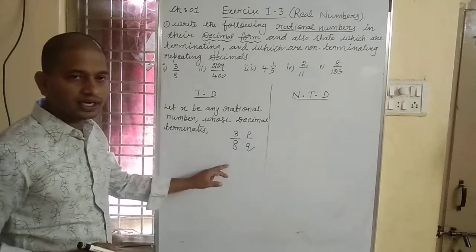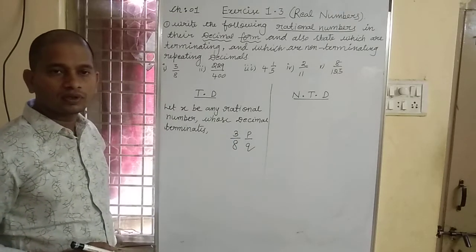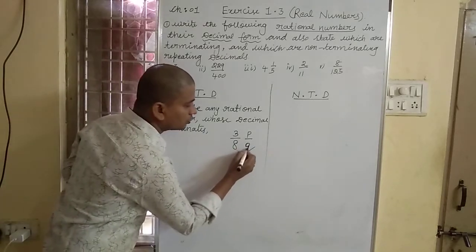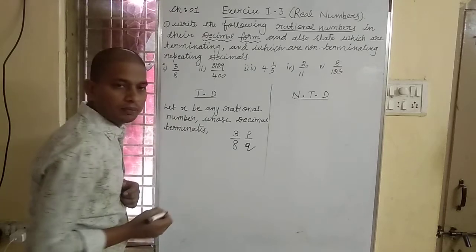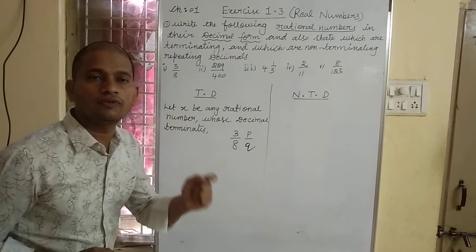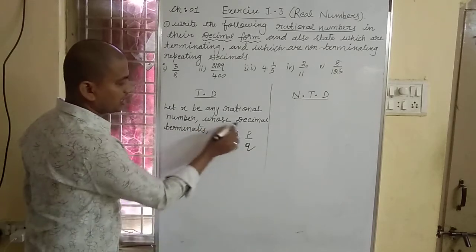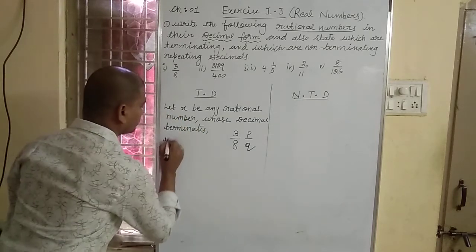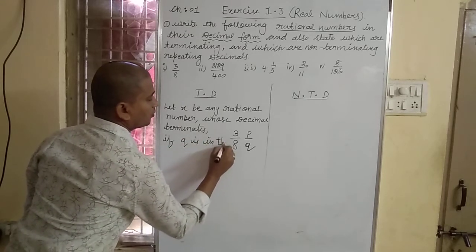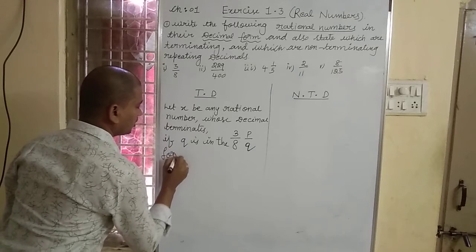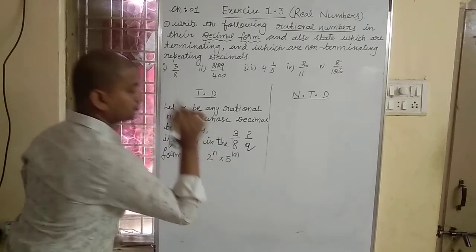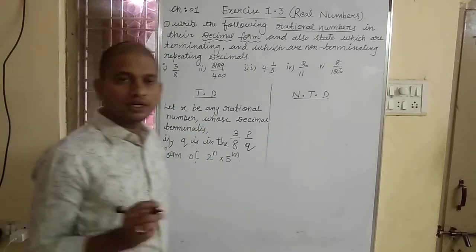We say that it is a terminating decimal if the denominator q is in the form of 2 power n into 5 power m. Try to understand.